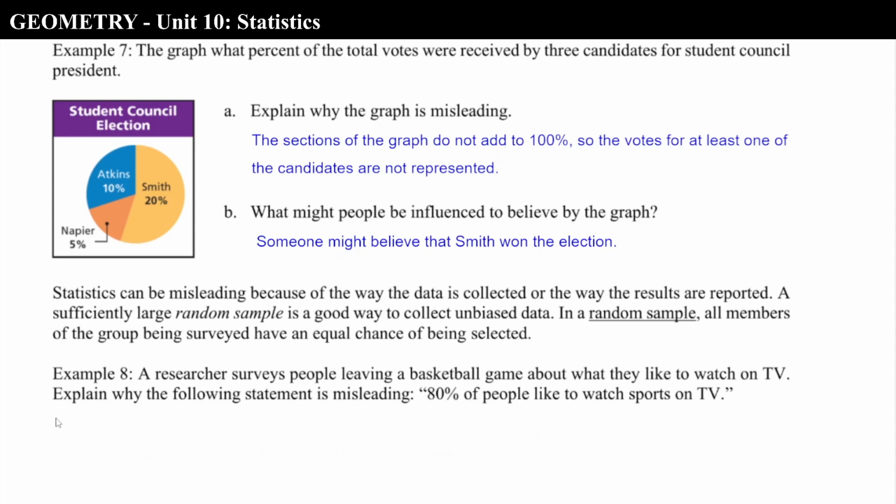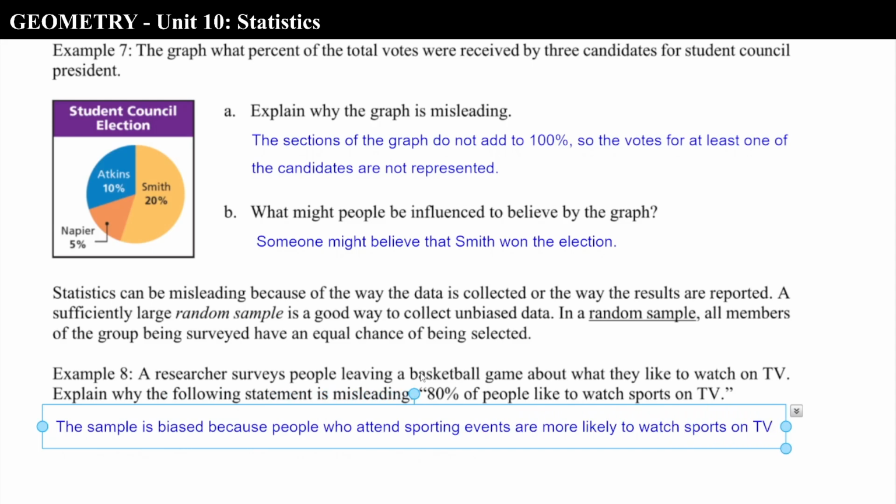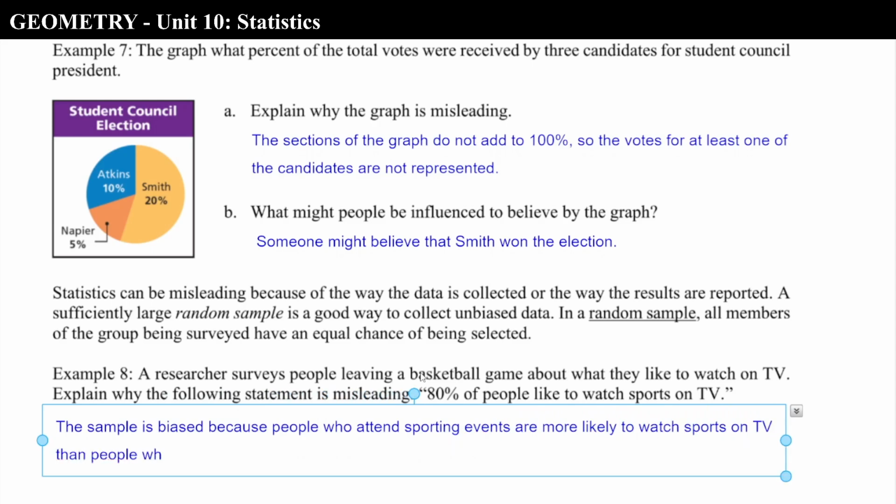Well, why is this misleading? Well, the sample that was collected is biased because people who attend sporting events are more likely to watch sports on TV than people who watch TV but do not attend sporting events.